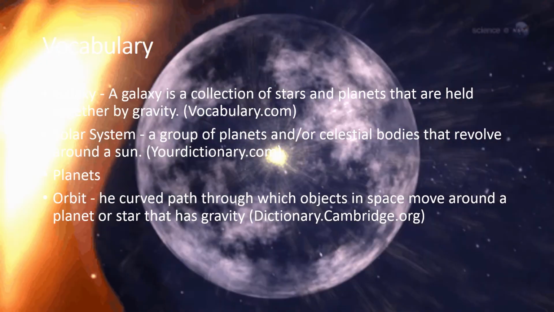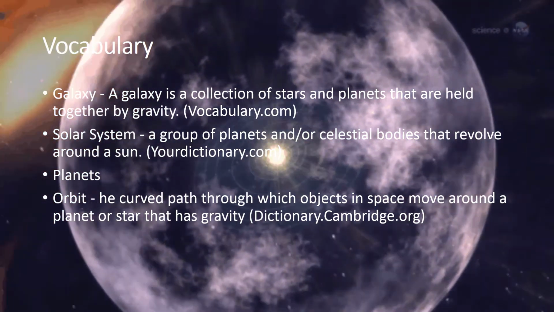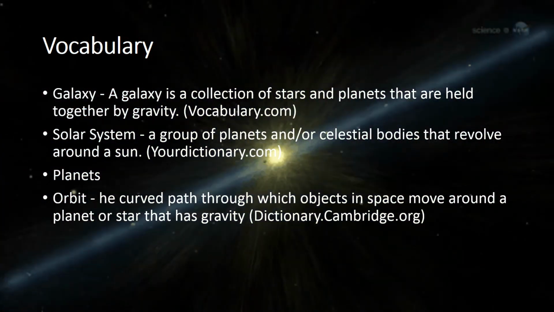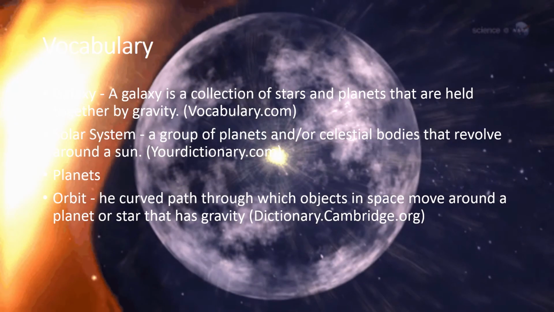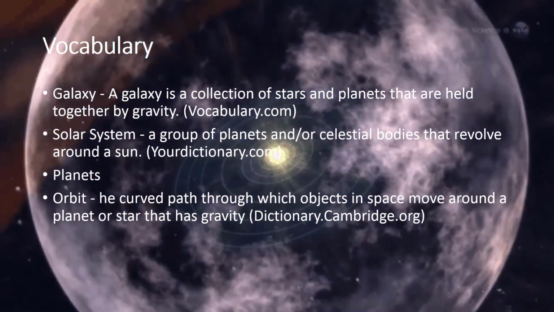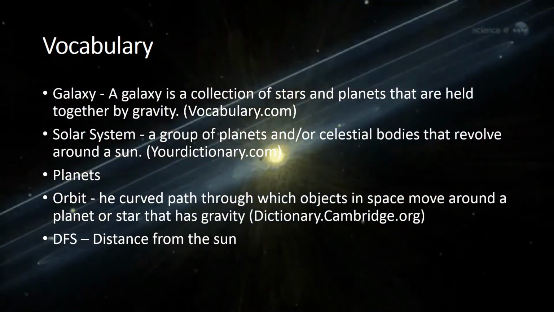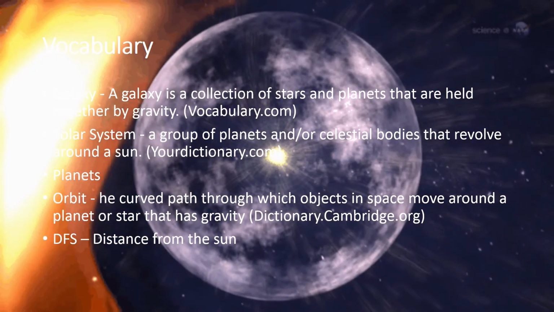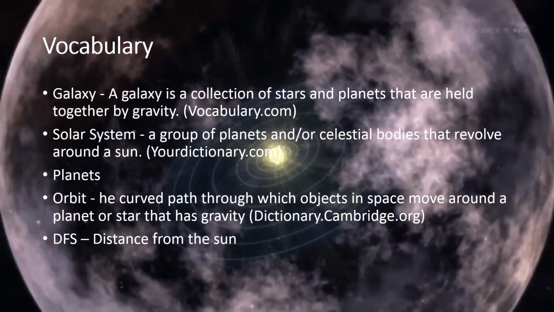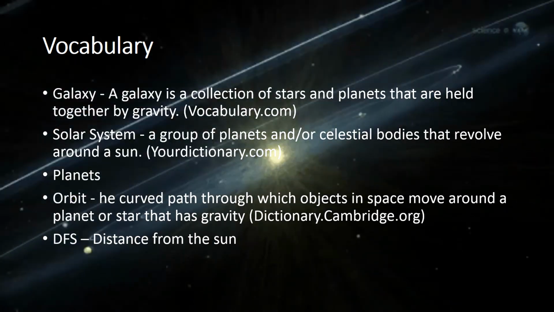Orbit. An orbit is the curved path through which objects in space move around a planet or star that has gravity.